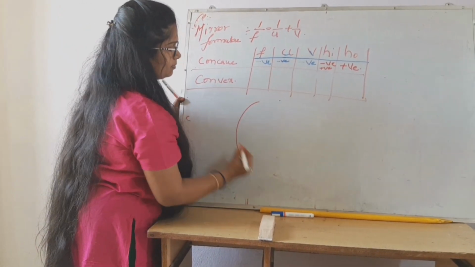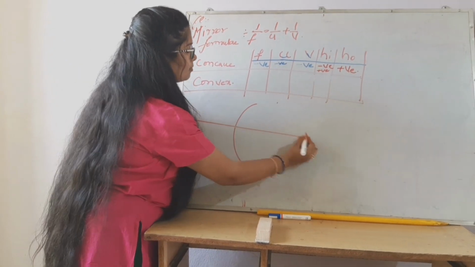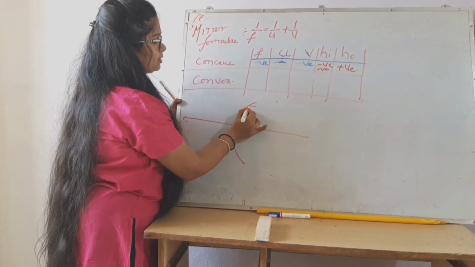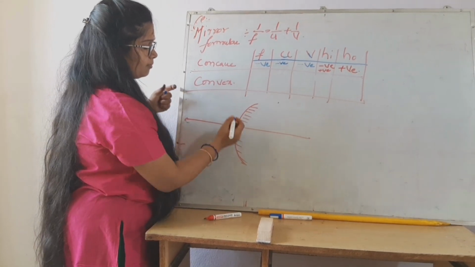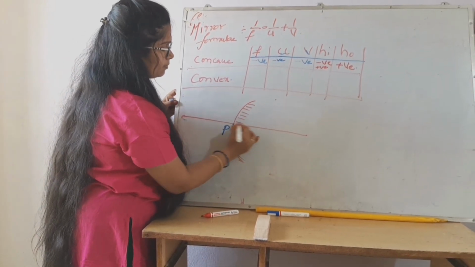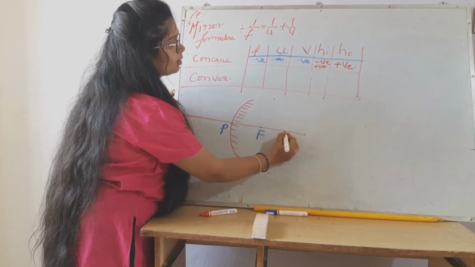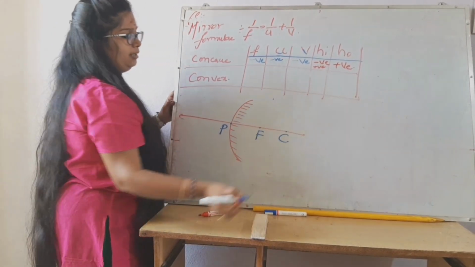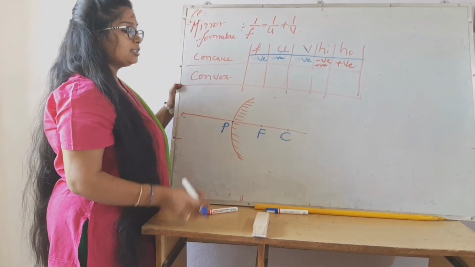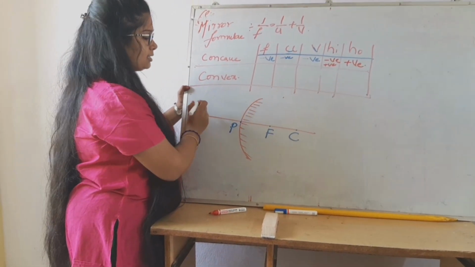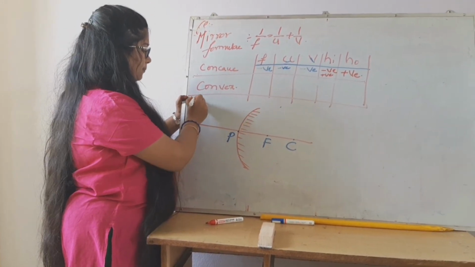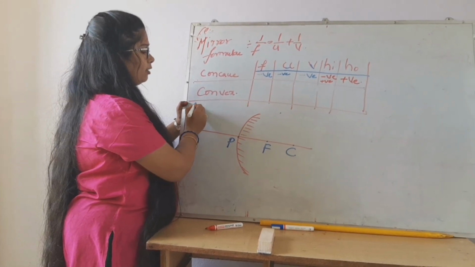Next, coming for convex mirror. This is your convex mirror. This is the pole. This is the focus. This is your center of curvature. Now the object is kept in front of the mirror.